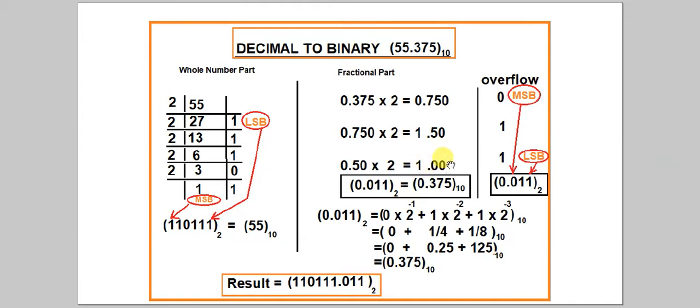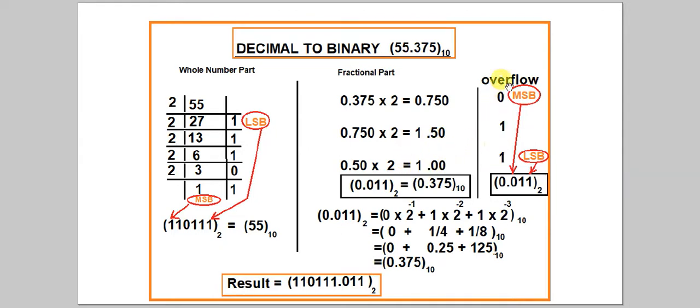If you keep on getting a fractional part, you can go up to 3-4 digits and then stop there, because it may not terminate completely. But in this case it terminated; it is not necessary to get total termination. You can stop at 3-4 digits. Here the overflow is 1 again.